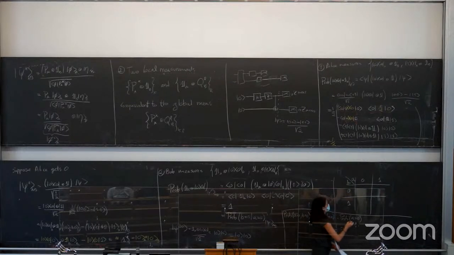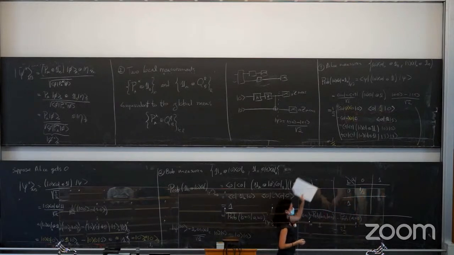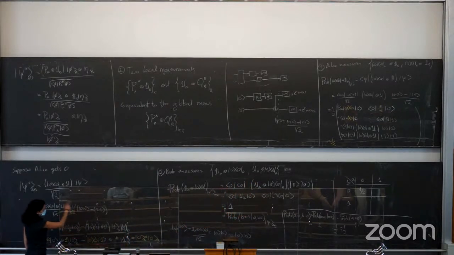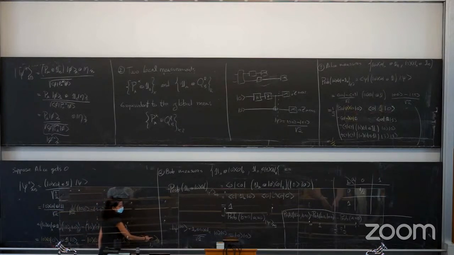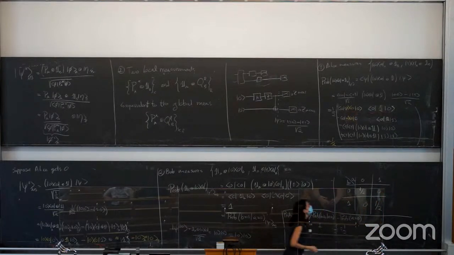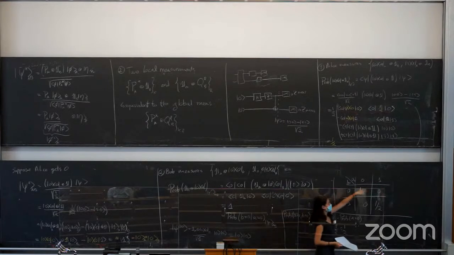If Alice had gotten 1 and we repeated this whole calculation with 1, then we'd end up with the post-measurement state 1, which means that Bob always gets 1. And this whole thing happens with probability 1/2, which means that there's no possibility that Alice gets 1 and Bob gets 0, or so on.